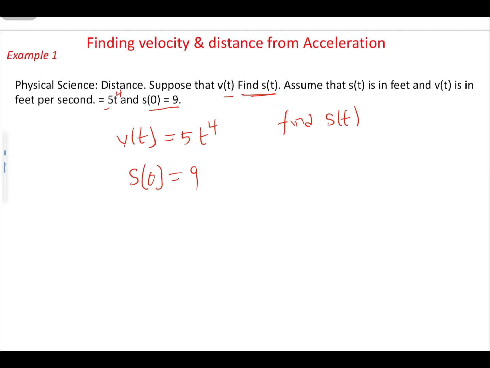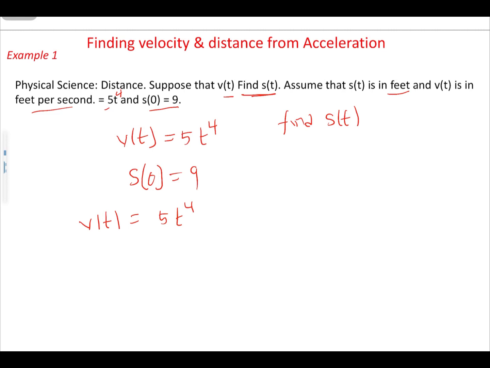It also says that we should assume that s of t is in feet and v of t is in feet per second. So now you have v of t, which is given as 5t power 4.